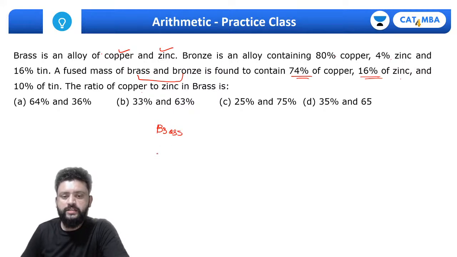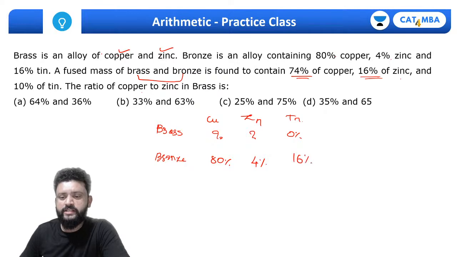So brass plus bronze, these two are mixed. Brass has copper and zinc; tin is not in it, tin is 0%. We don't know the percentage of copper and the percentage of zinc in brass, but we know in bronze there was 80% copper, 4% zinc and 16% tin.